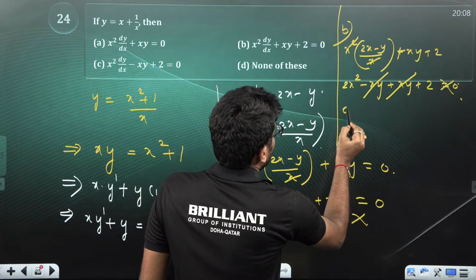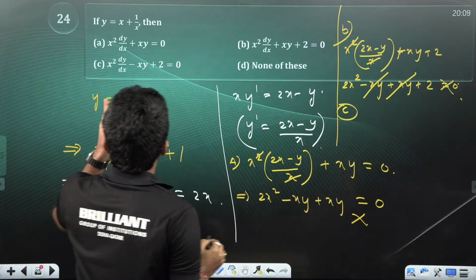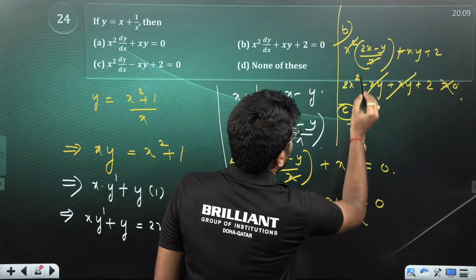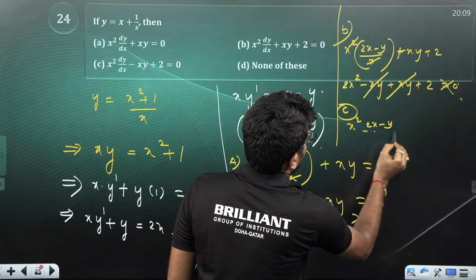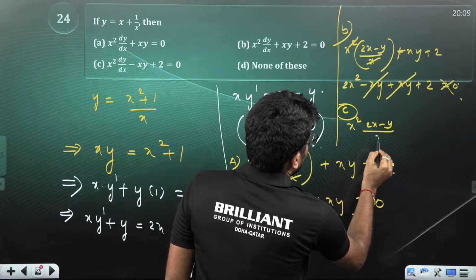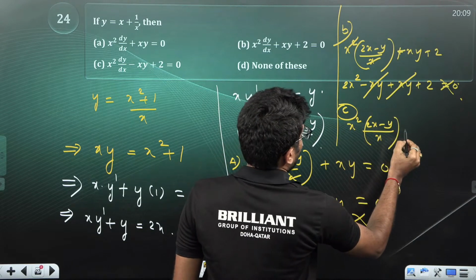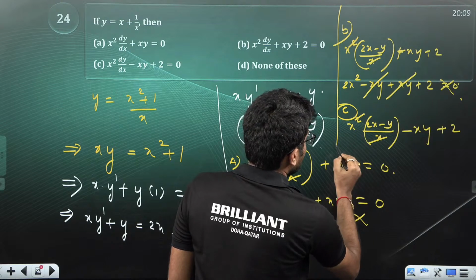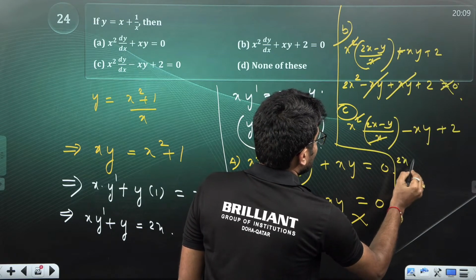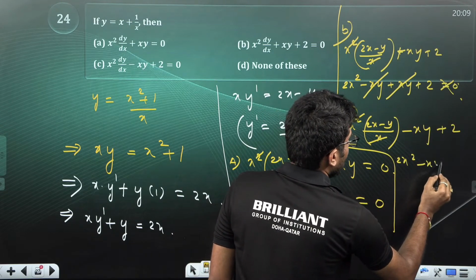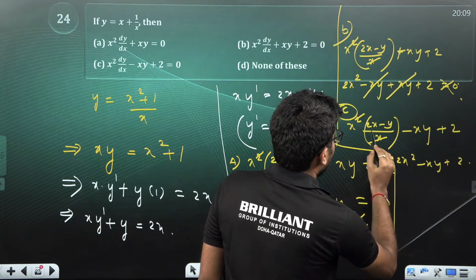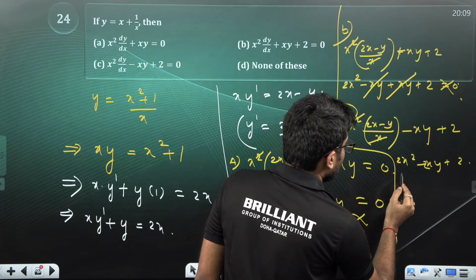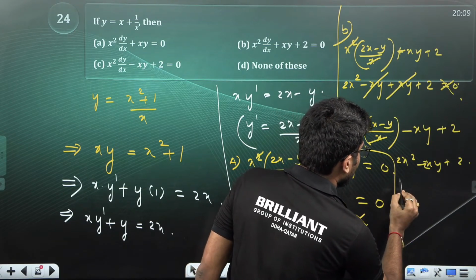If you see option C, x square into dy by dx. So x square into (2x minus y) whole divided by x minus xy plus 2. Now x into 2x, you get 2x square minus xy plus 2. So minus xy is minus 2xy. Now what do we get, guys?